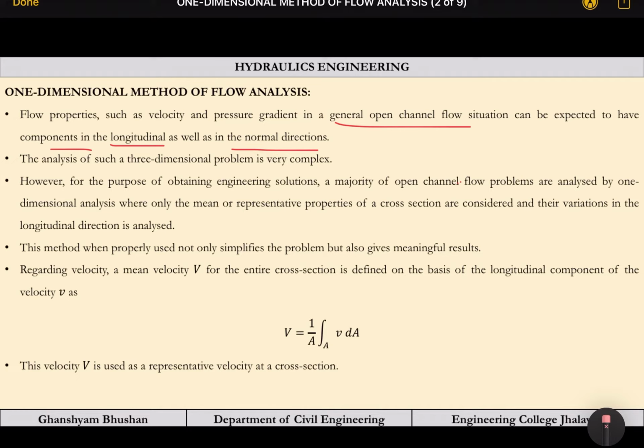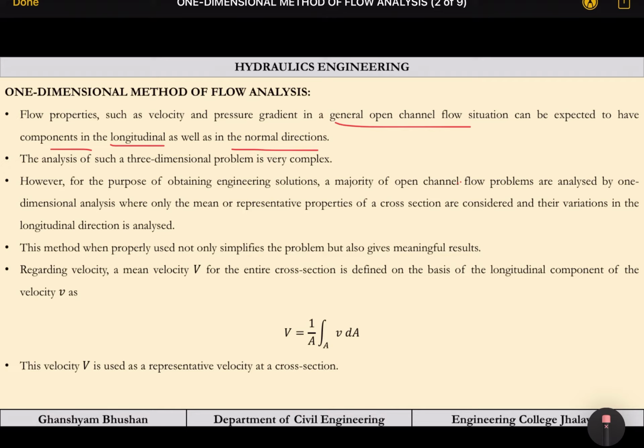The currents which are not longitudinal will have very little impact on the flow. If out of 100, only 2 to 5% variation is due to them, we can neglect them.